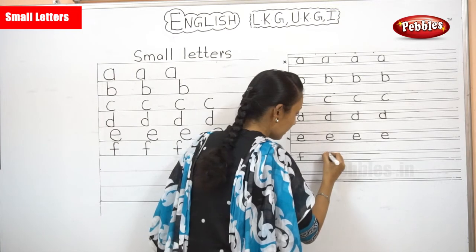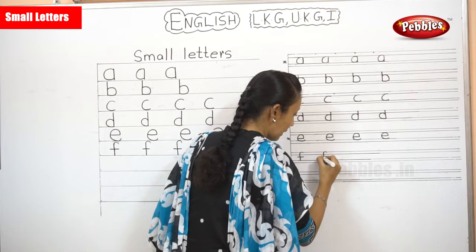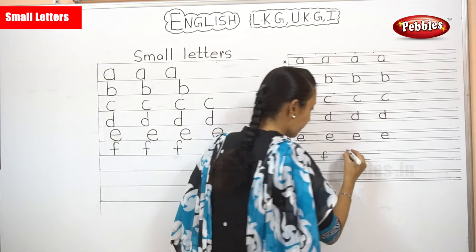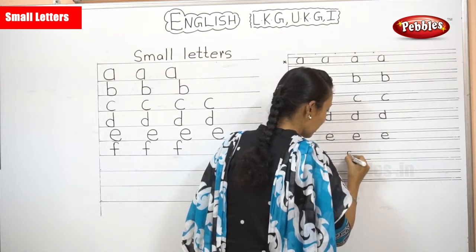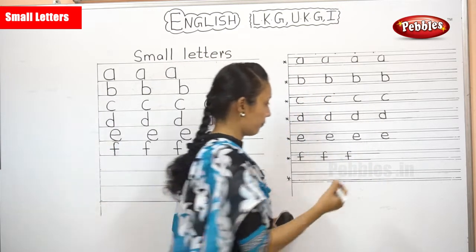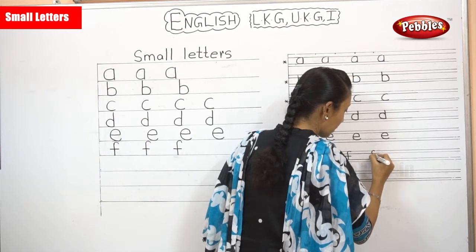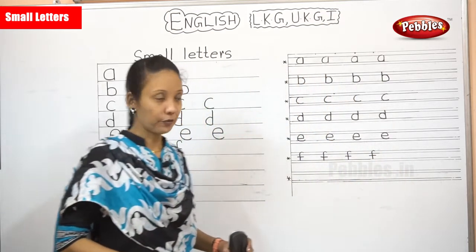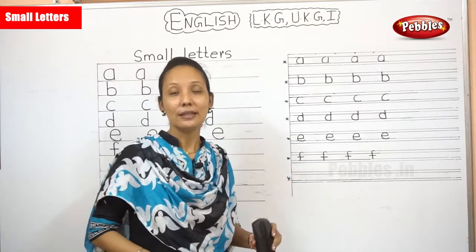Again, first line, come down and a sleeping line, small f. Now, after f, your next alphabet is G.